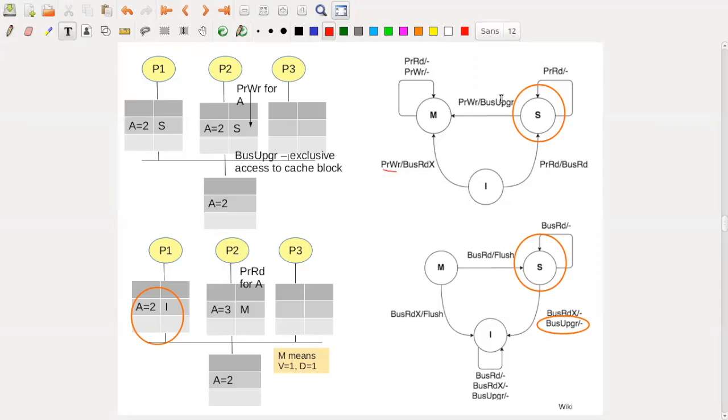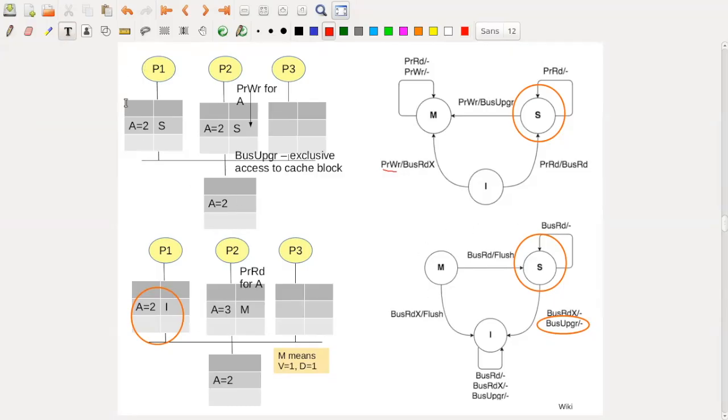So looking at this diagram, we're going to change this state from shared to modified, and we're going to write this value. Now what happens to this other block in P1? So ideally, because we are doing an invalidation based protocol, I need to send some signal onto this bus to invalidate this value. So I'm going to invalidate it and change the state to I. You can also see that in this diagram.